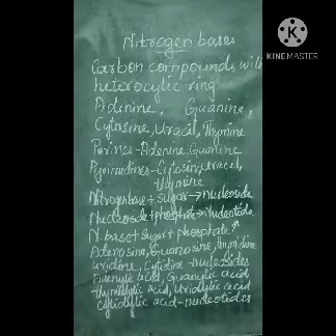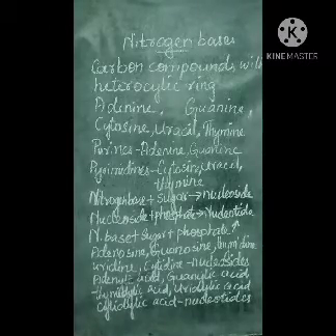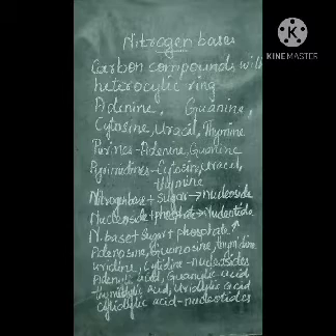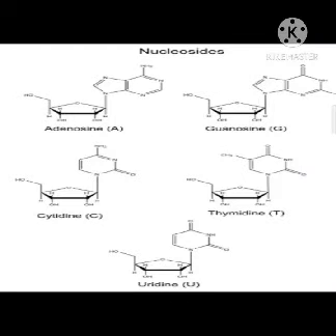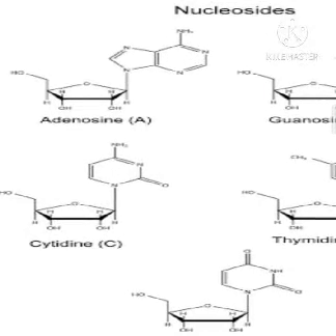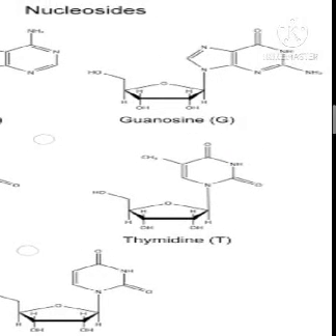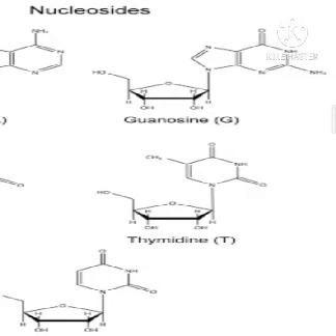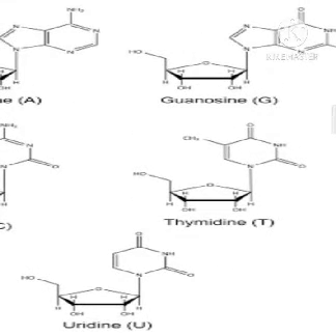Uracil plus sugar is uridine. Cytosine plus sugar is cytidine. So these are the examples of nucleosides. This is the structure of nucleosides. Here you can see adenosine, adenine plus sugar; cytidine, cytosine plus sugar; guanosine, guanine plus sugar; thymidine, thymine plus sugar; and uridine, uracil plus sugar.